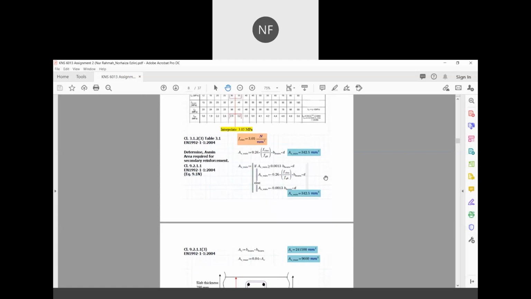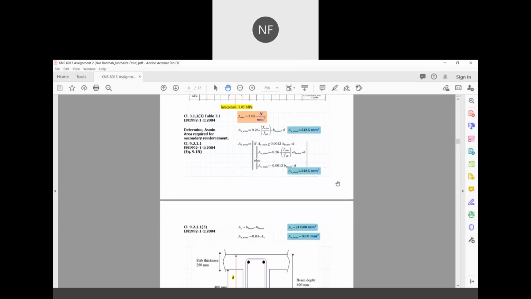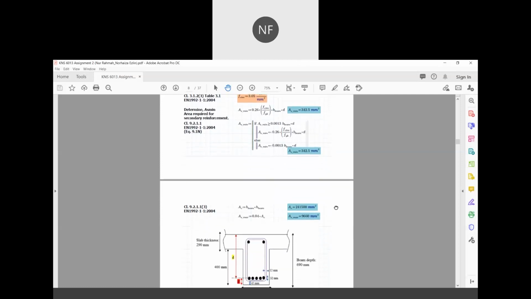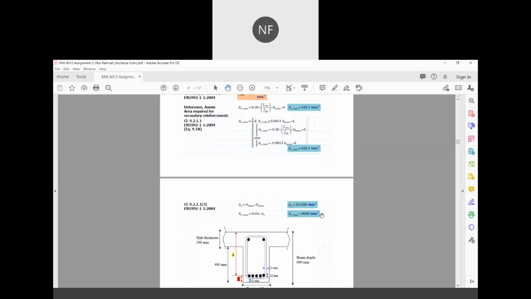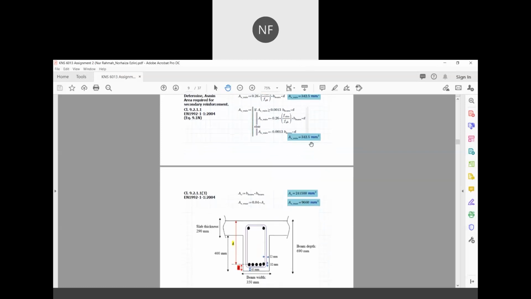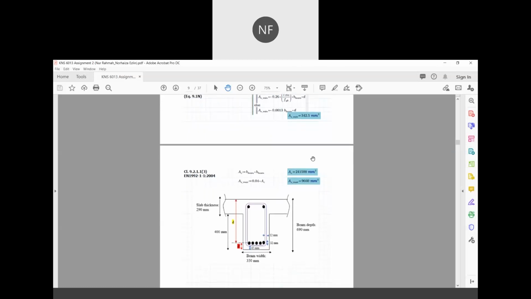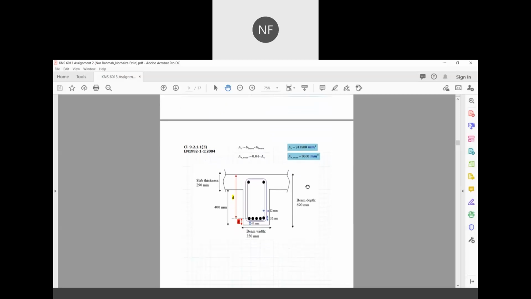Here again, we are going to choose the greater value for the minimum area, and we can conclude that the minimum area is equal to 342.5 millimeter square. And lastly, the maximum area required is equal to 0.04 multiplied by the area of the beam, and as you can see here, the maximum area required is equal to 9,660 millimeter square.